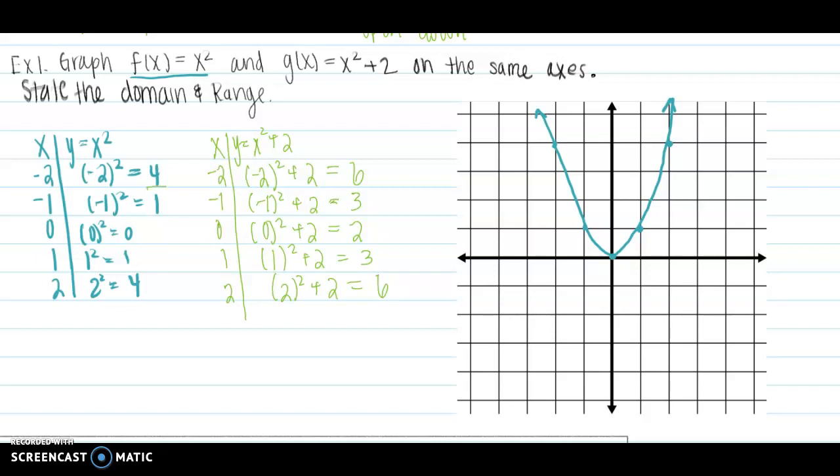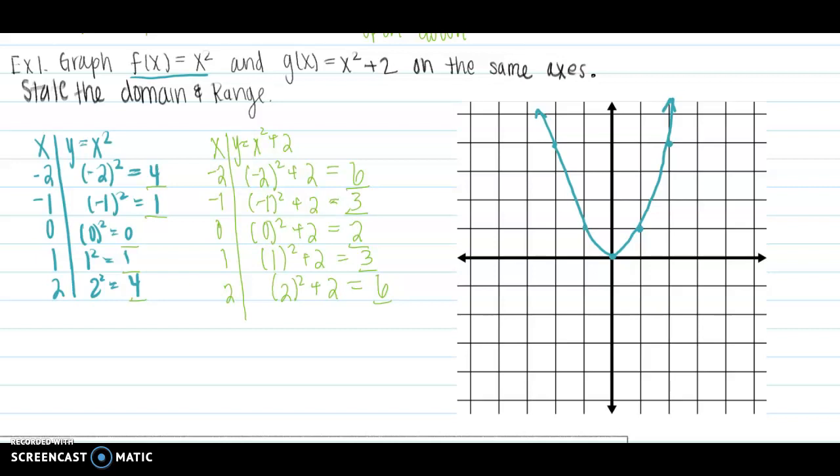So let's just take a look at what happened with these y values and then these ones. The difference between them is you add 2. So you add 2 to 4 to get 6, you add 2 to 1 to get 3, and etc., etc.